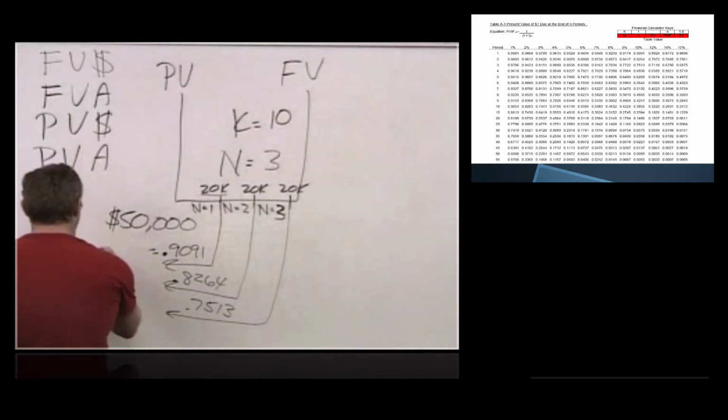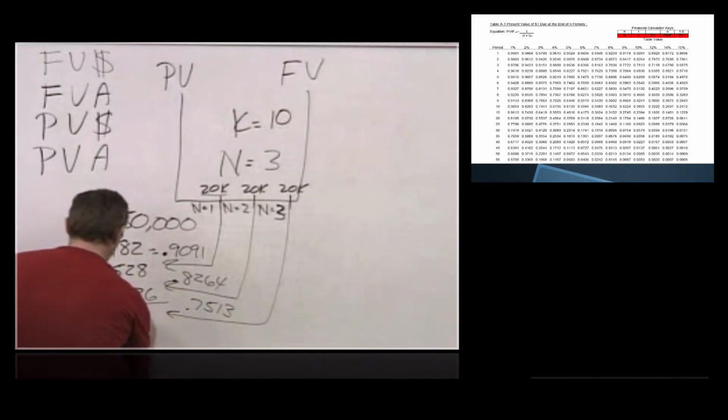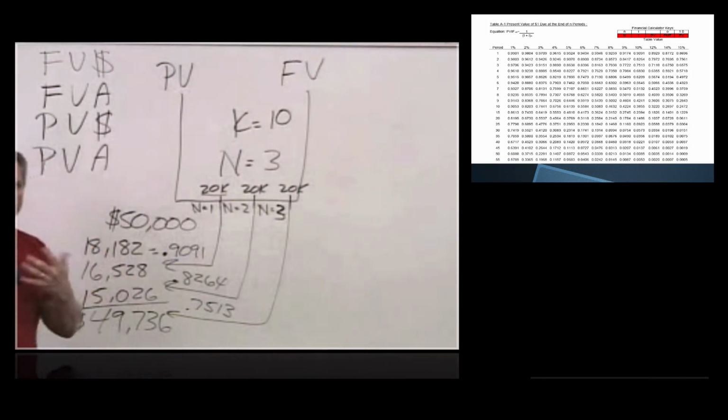And the values we end up with is 18,182, 16,528, and 15,026 for a total value of $49,736.